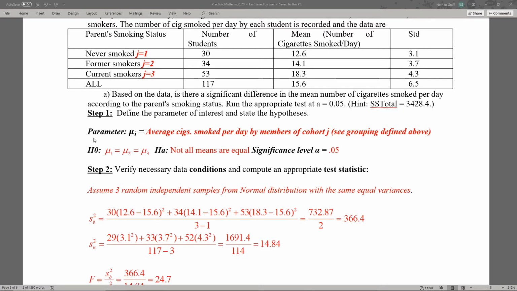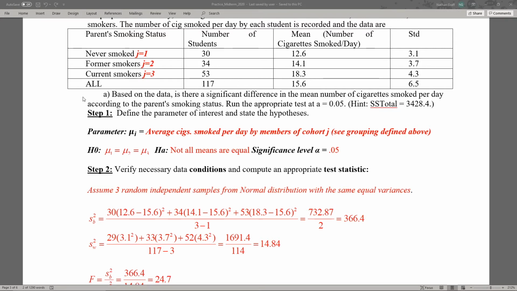In this case, it is mu j, where mu j is the average cigarettes smoked per day by members of group j, where here j is the index for our groups.